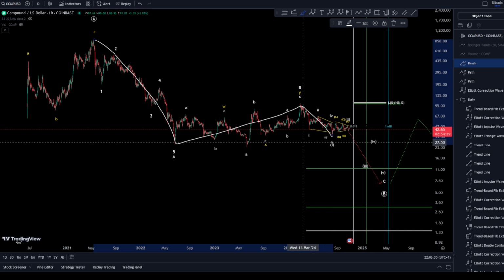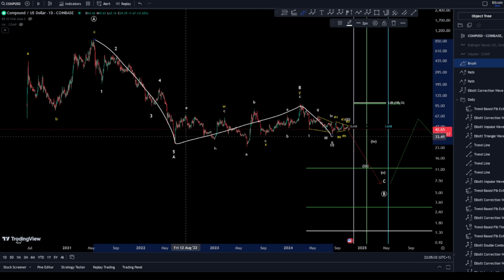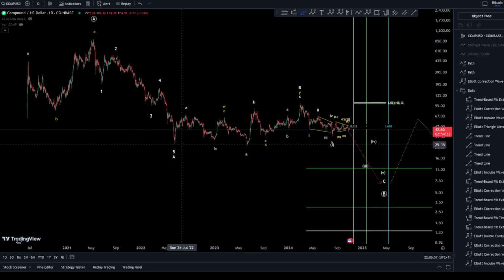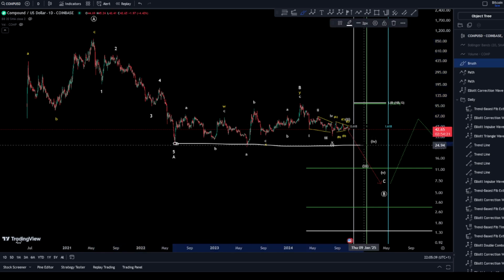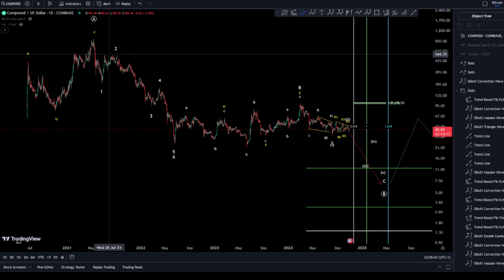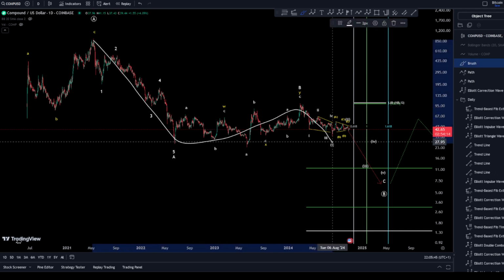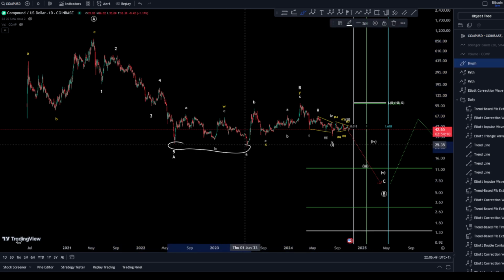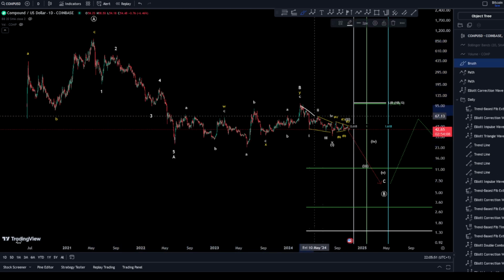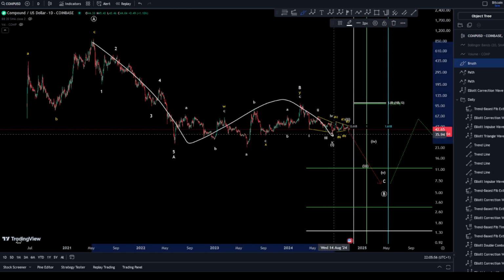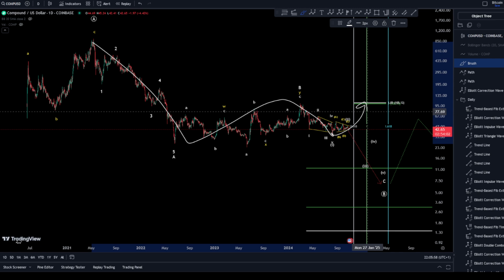We call it a truncated zigzag as well, or regular flat, truncated, where it didn't take the low. If it takes the low, it cannot be truncated so much anymore. So once it takes the low, then it has to dive deeper. If it doesn't take this low here, therefore, it can be truncated, and it can be that it has finished, and then it moves towards the upside.